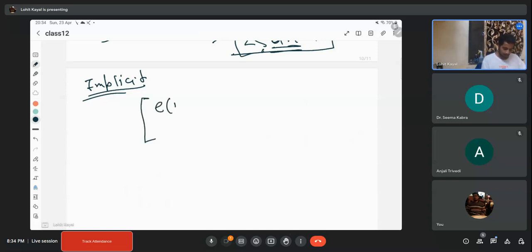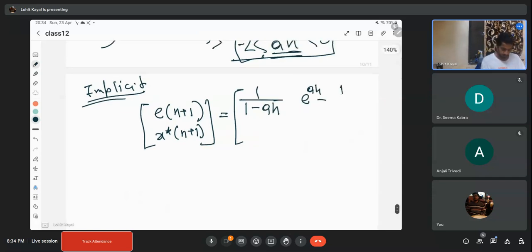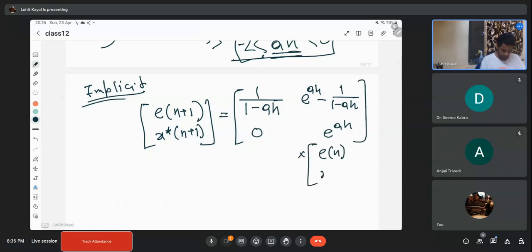You will finally get x star n plus 1 equal to 1 by 1 minus a h, e to the power a h minus a h, given of the x star.